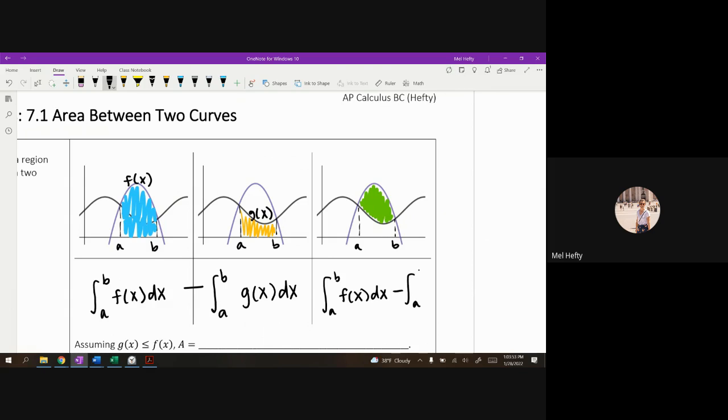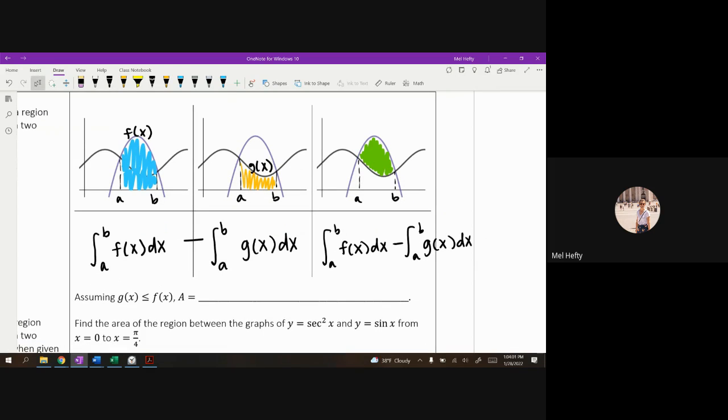I'm going to write it a different way in the blank below, because oftentimes we're going to take the difference of those 2 integrals and make it the integral of the subtraction. So I am usually going to do the integral from a to b of f of x minus g of x inside the integral.